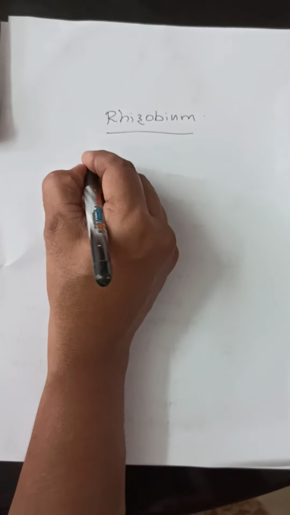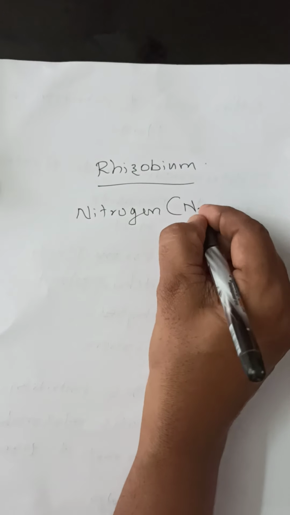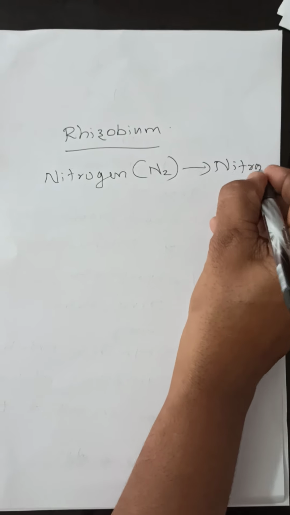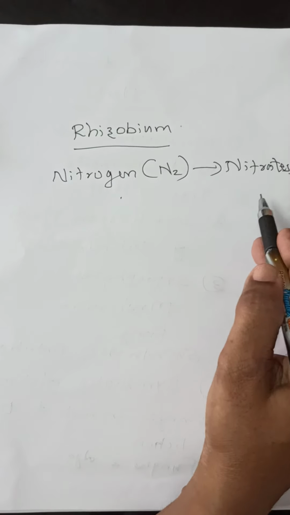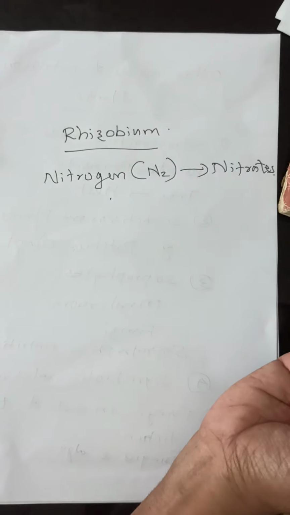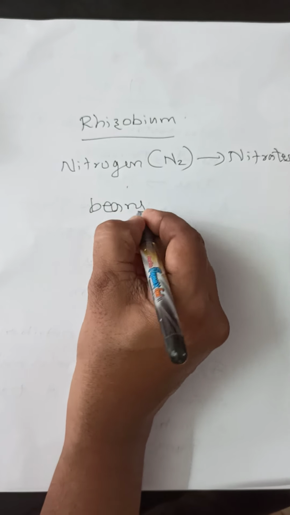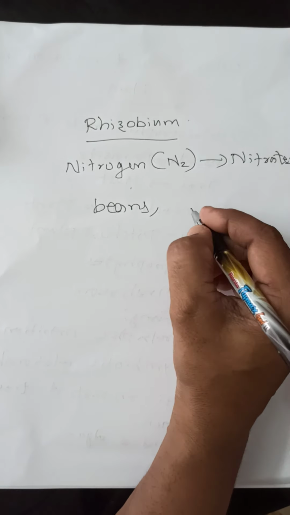These Rhizobium bacteria are able to convert atmospheric free nitrogen into useful nitrates. But where are Rhizobium present? They are present in the roots of beans, peas, leguminous plants, etc.